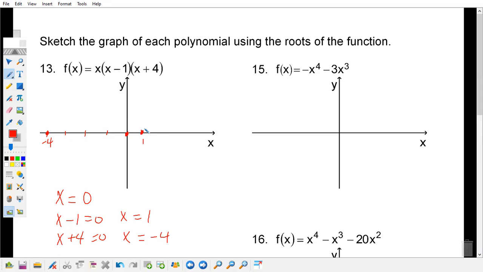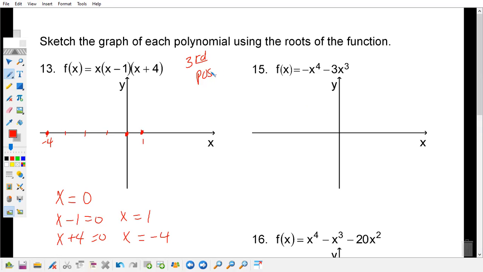Okay. So then, as far as the degree, if I multiply x times x times x, it's going to result in x cubed. So this is a third degree polynomial. And it's a positive third degree polynomial because my leading coefficient is positive 1, which tells me that my function has to end positively.